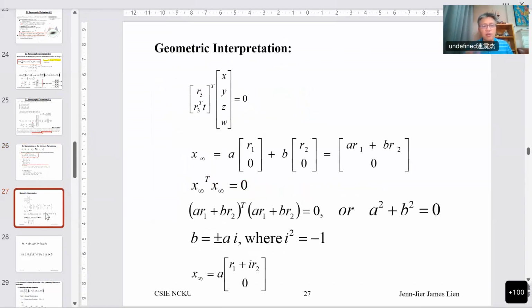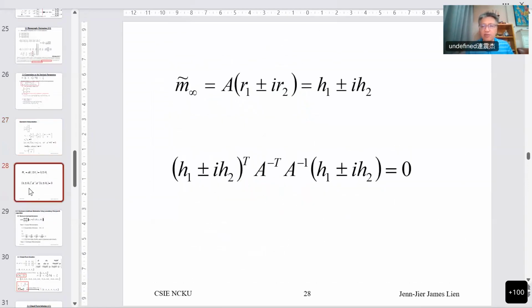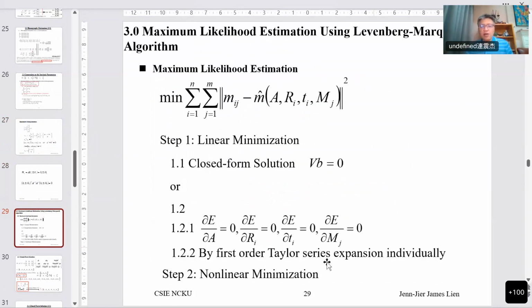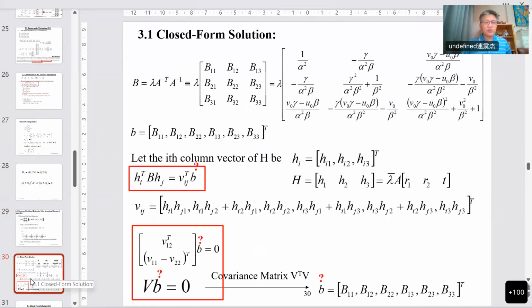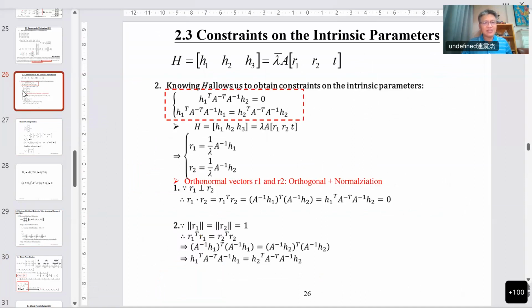Okay, and page 27, 28, we don't care, we just skip it. This is just the original equation. We continue from page 30. Page 30 here is actually the same as page 26.